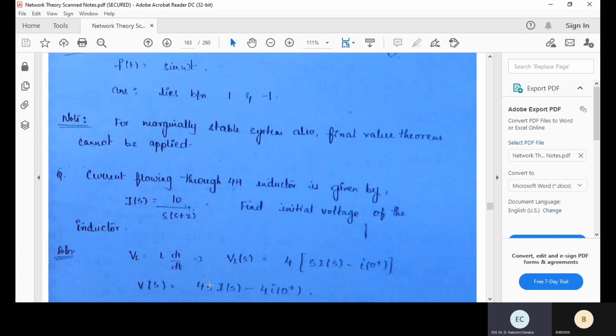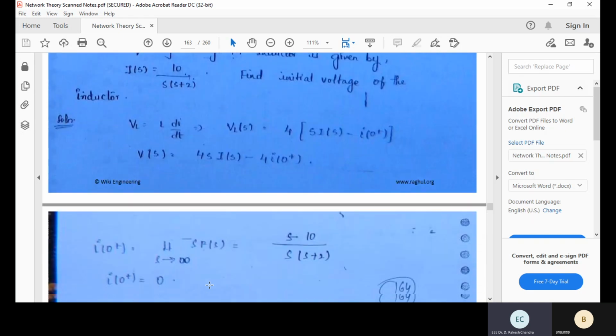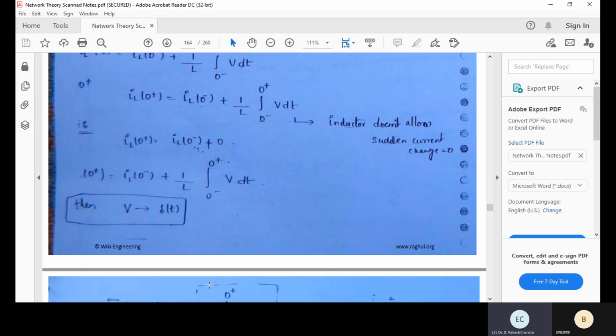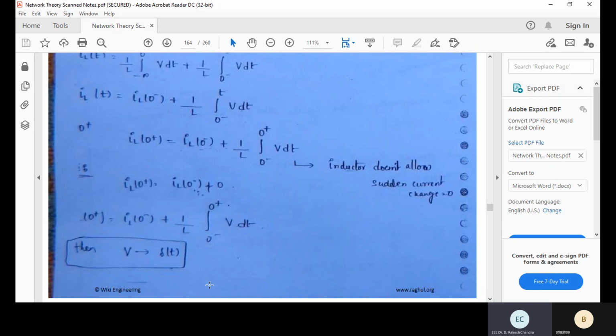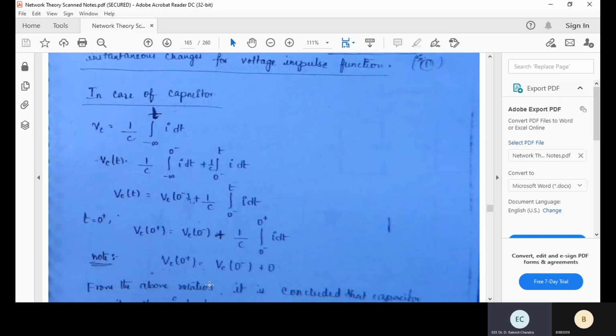Of course, in your GATE control systems also, these topics are going to be discussed. Okay, so marginally stable, all such aspects. So the behavior of inductor, Laplace transform to the case of inductor and capacitor, all these possibilities.